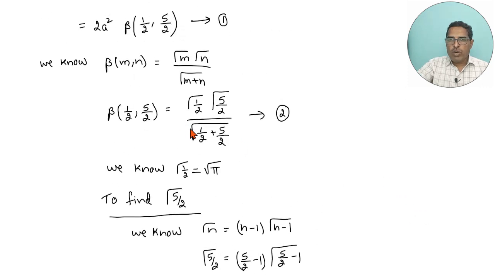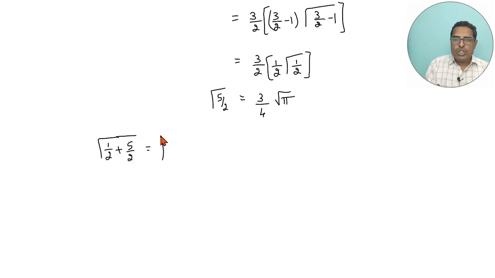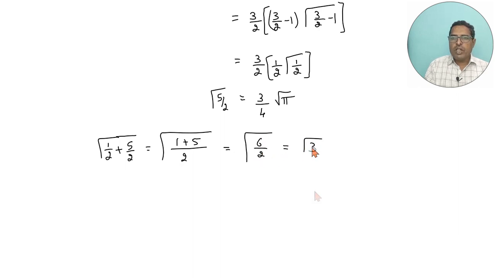Further, I need to find out this gamma of half plus 5 by 2. So we have gamma of half plus 5 by 2. If I take the common LCM, you can just add the numerator values. So therefore we have gamma of 6 by 2, which is nothing but gamma of 3.